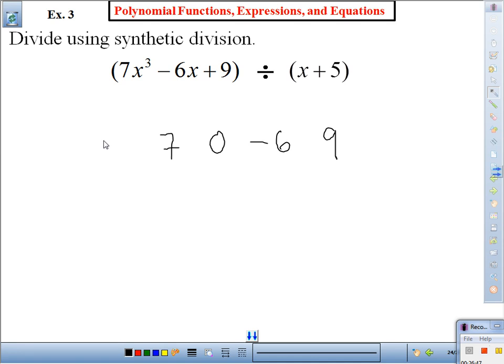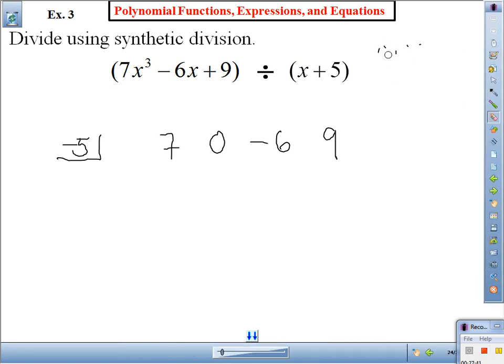So I'm going to divide this by this one. But look what I'm going to use. Does everybody see where I get negative 5? Okay, good. All right. So pay attention.